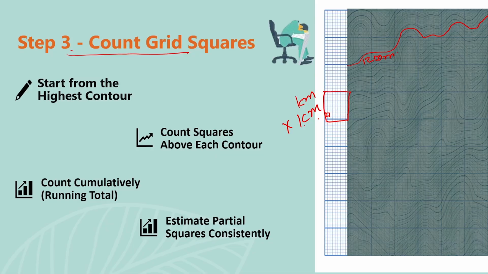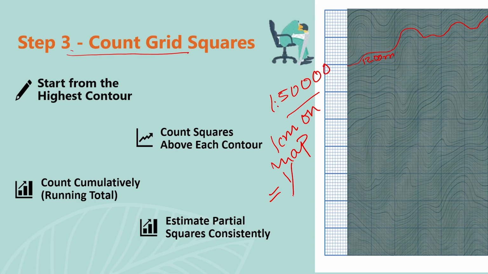In this scenario, let us say I am using a topo sheet of 1:50,000. In this case, 1 centimeter on the map equals half a kilometer on the ground.